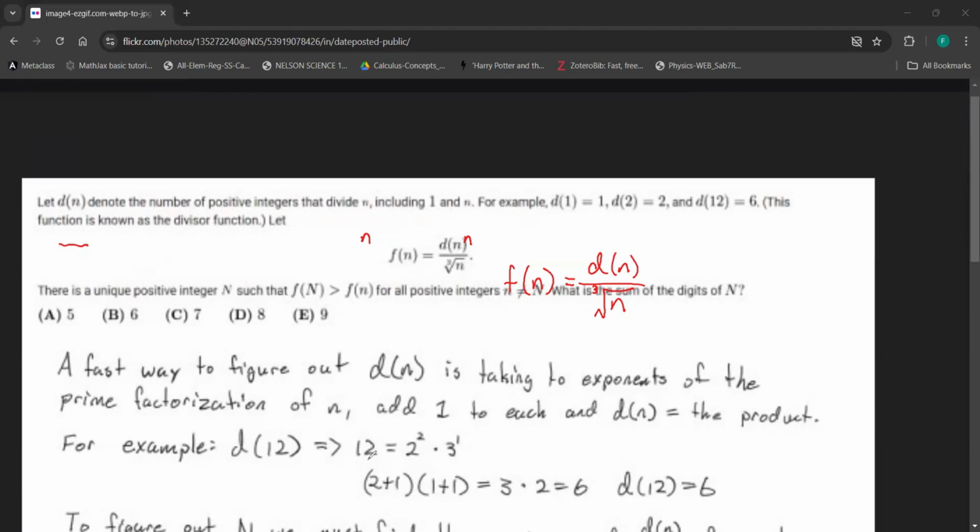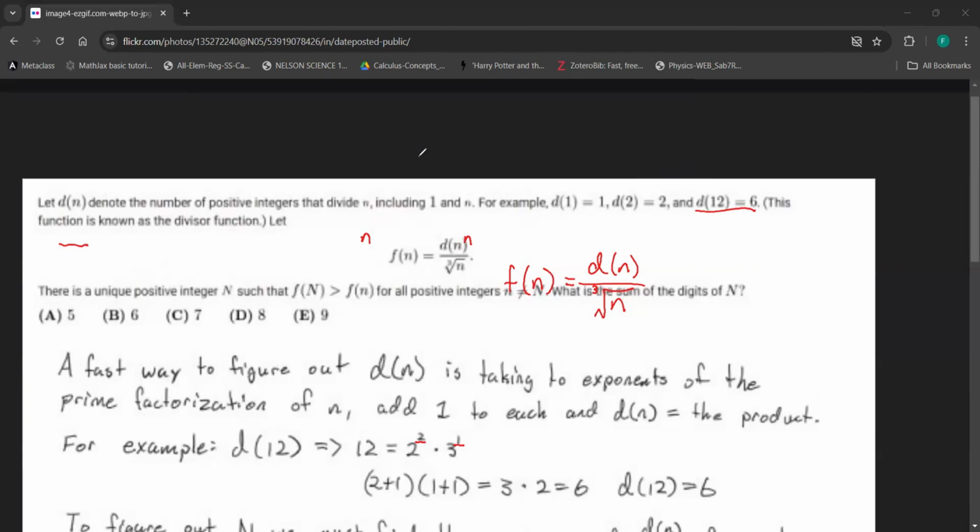You have 12, right? 12 is equal to 2 squared times 3 to the power of 1. That's 4 times 3, that's 12. And you take the exponents here, so 2 and 1. You place them in brackets, so this is 2 plus 1, times 1 plus 1. That is 3 times 2, that's 6. D of 12 is equal to 6, which is the same number that they got here.